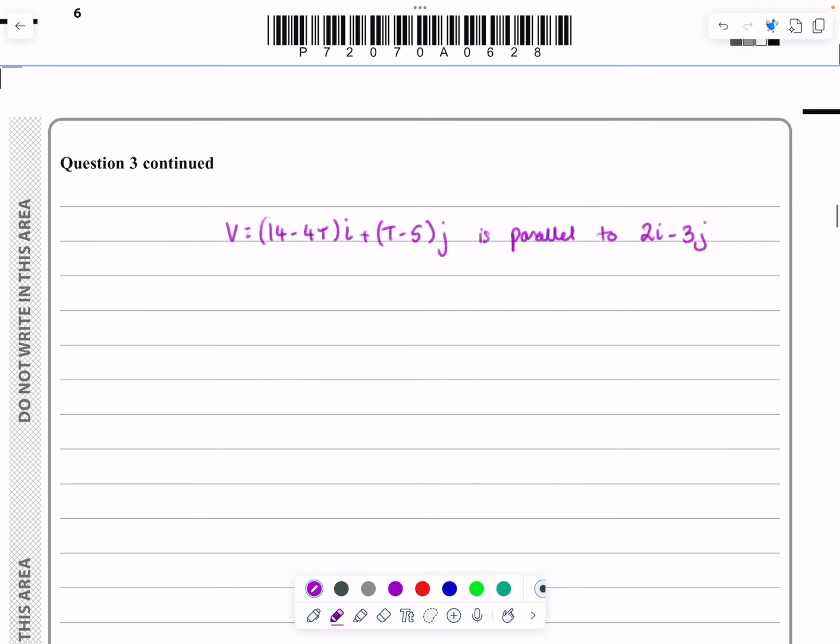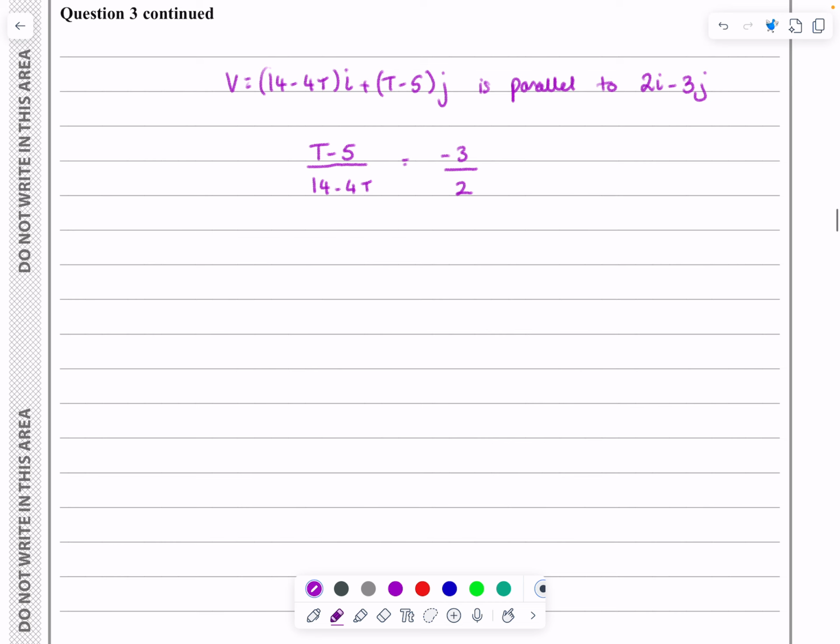The simplest way of doing it is to say that this divided by this is going to be the same as this divided by this. Nothing more complicated than that when we're looking at two parallel vectors. So I can say t minus 5 over 14 minus 4t, the j component divided by the i component, is the same as minus 3 over 2. And now that's a simple thing to be able to solve.